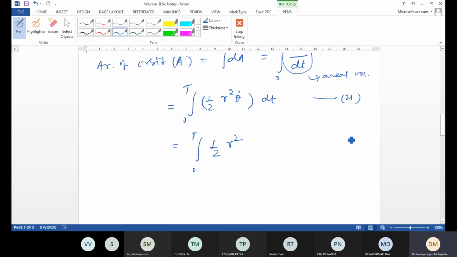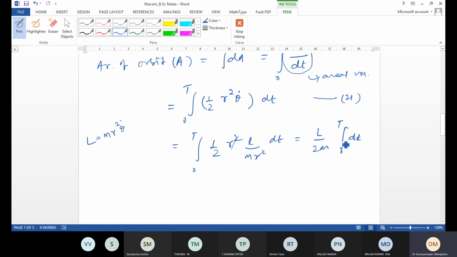That means L is equal to m r square theta dot. So what is theta dot? It is L by m r square. So I have to just substitute here L by m r square. So this r square gets cancelled, and this is dt. So when you solve it, you will get L by 2m, and this is the integration of dt from 0 to T. Is that clear?